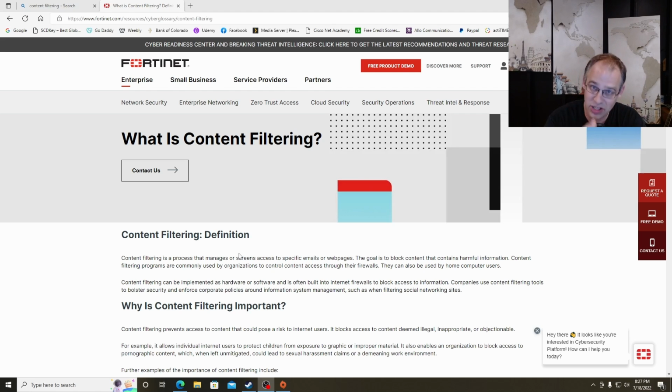OpenDNS is a great solution for this. 208, 220, and 220. And then the last 2 are 222, 222. That's the primary and the secondary for OpenDNS, in case y'all are wondering. And it's free. If you pay for it, $20 a year, it gives you custom filtering. Okay, so basically that's how that goes.